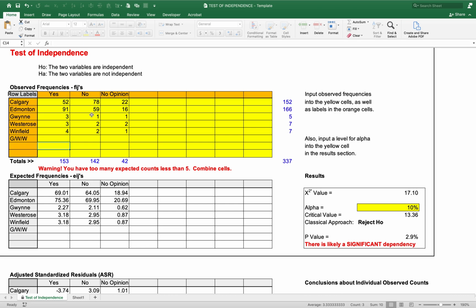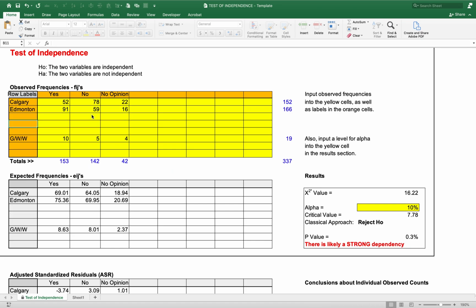So 3 and 3 and 4 makes 10, and then 1 and 2 and 2 makes 5. And then 1 and 2 and 1 makes 4. And then I'm just going to get rid of these guys here, like that. Now, actually, the way that this thing is set up, this actually gives me the correct answer. But just to make this nice and clean, I would copy and paste this here and then get rid of this row right there.